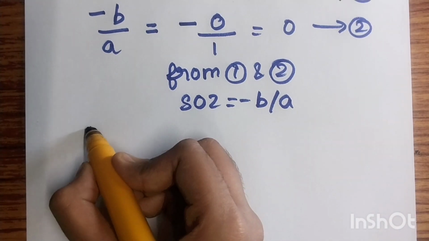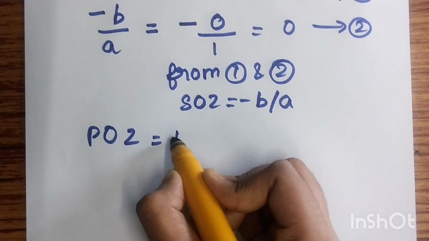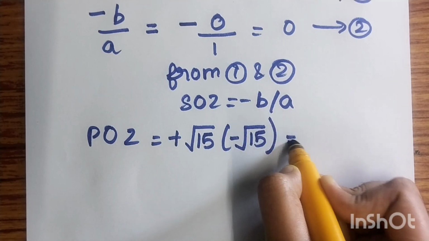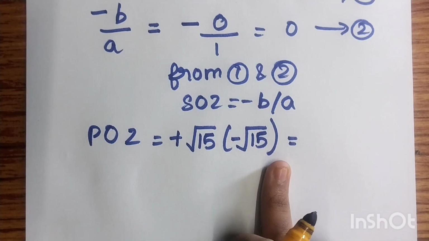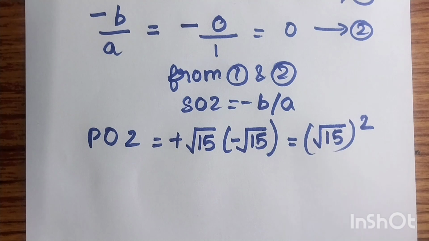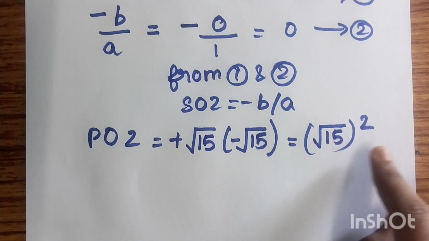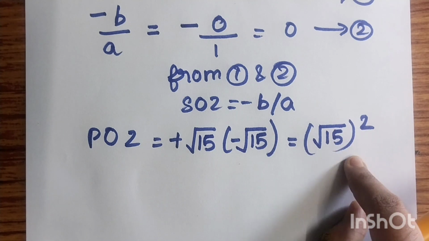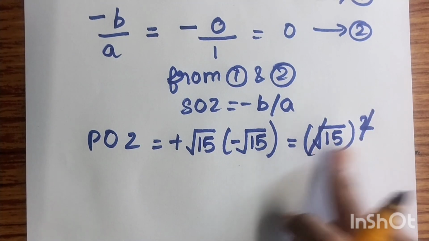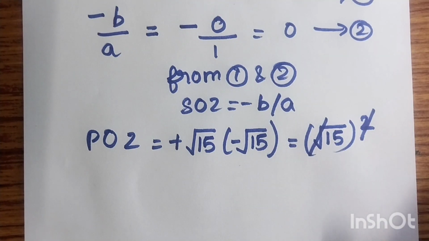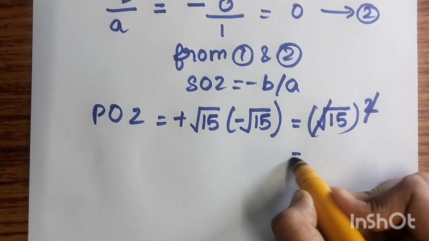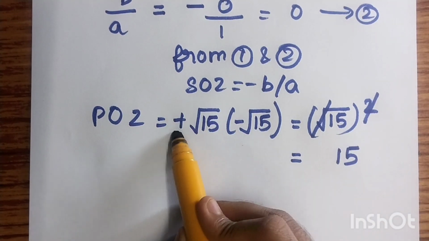Next we are going to find the product of these zeros. So plus root 15 into minus root 15. Since both are root 15, I can write it as root 15 the whole square, which is nothing but root 15 into root 15. Both the root and the square will get cancelled, so the balance is 15, but here it is plus and minus.